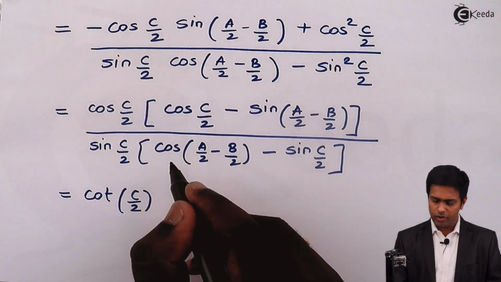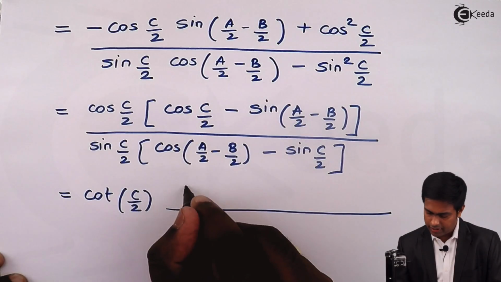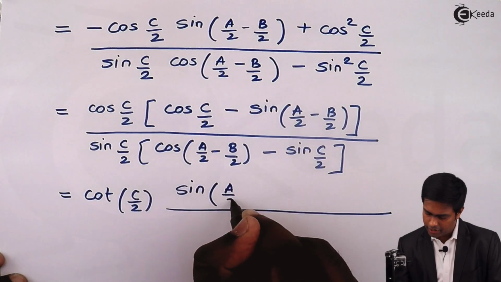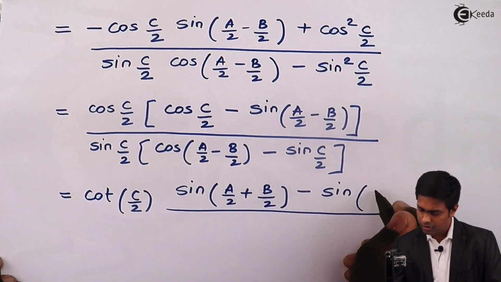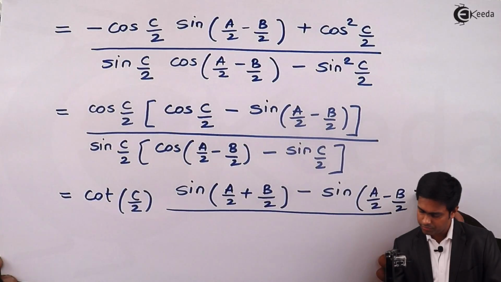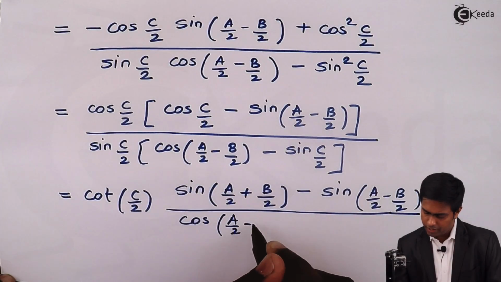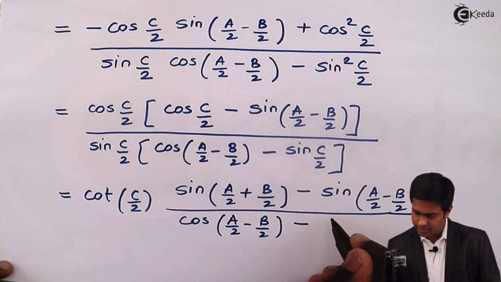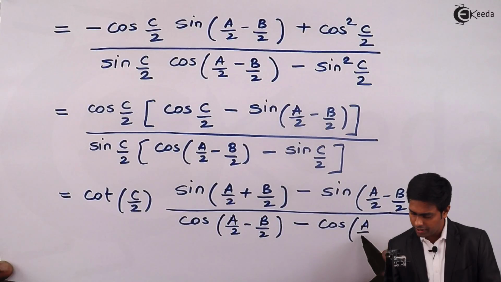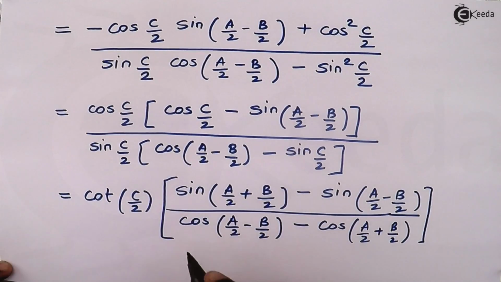So we'll rewrite this term as sin(A/2 + B/2) minus sin(A/2 - B/2), this cos(A/2 - B/2) as it is, minus sin(C/2) is cos(A/2 + B/2). And now we will solve this bracket to get cot(A/2).